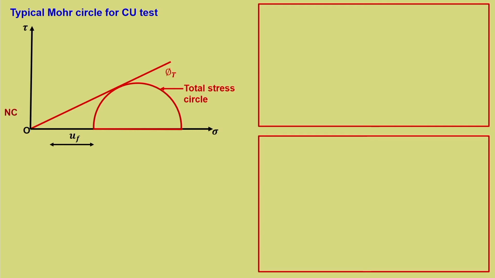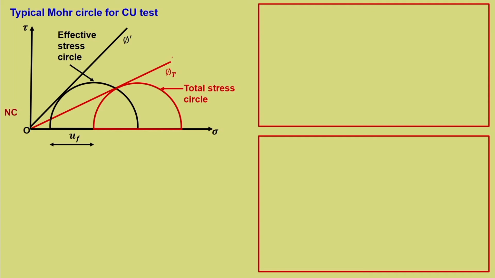There we have already measured pore water pressure, and measurement of pore water pressure is invariably necessary in the case of CU test. So, once we know UF, that is the pore water pressure at failure, one can plot the effective stress circle. So, this is the effective stress circle. Now, if we draw the failure envelope, that is given by phi dash.